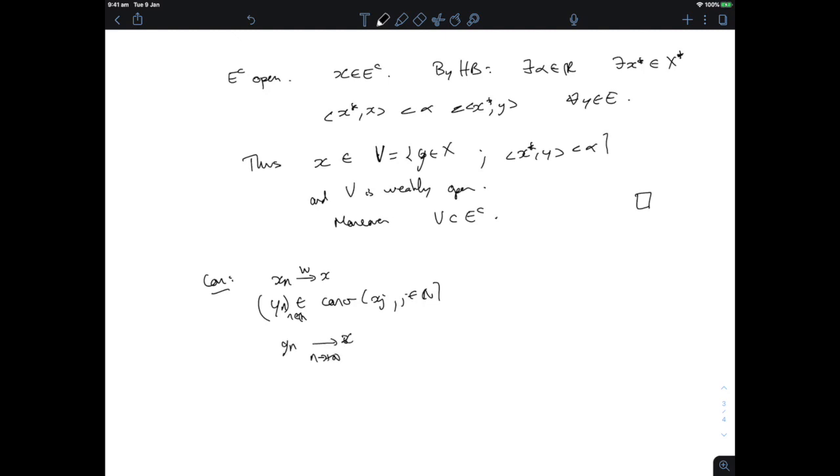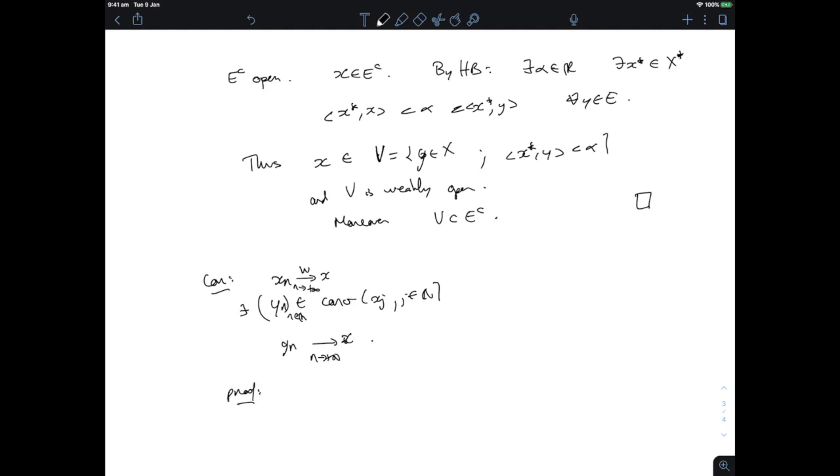So you can move from weak convergence to strong convergence by replacing your sequence xn by a sequence yn of convex combinations of the xj's. And the proof of that is immediate.